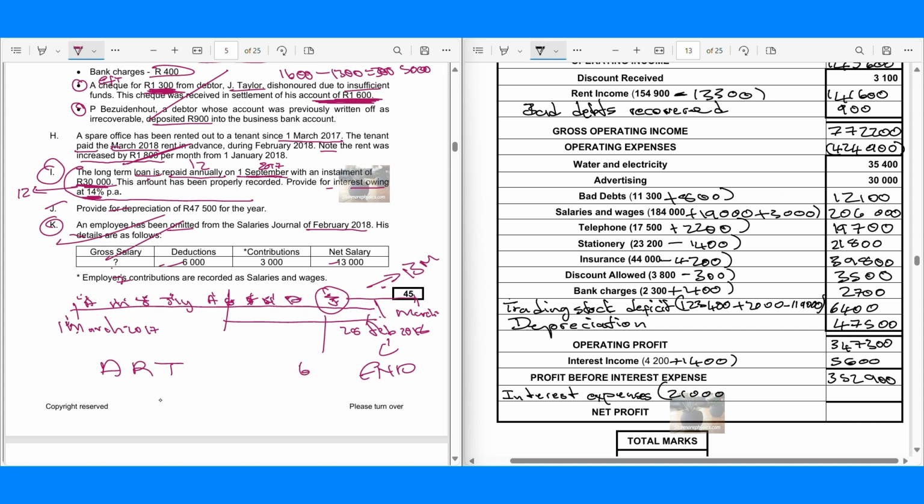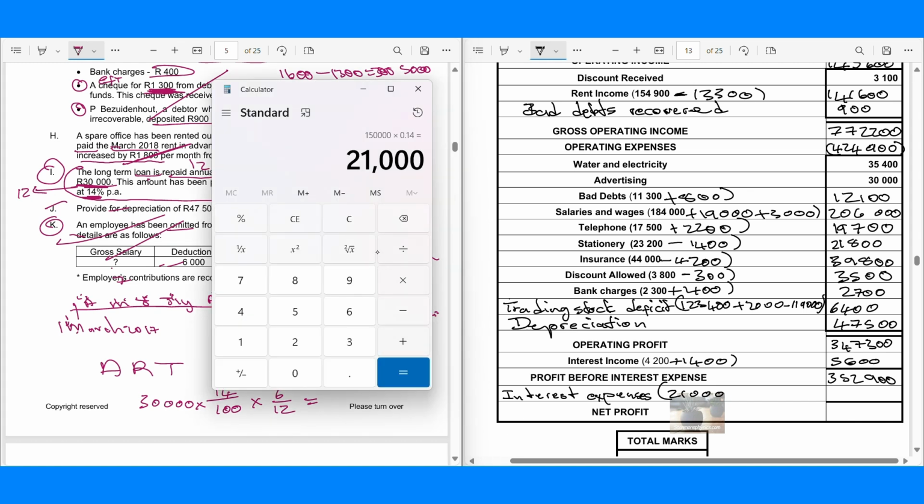So we are going to use this. So this is 30,000 times 14% over 100 times 6 over 12. Let's see what we are going to get. 30,000 times 14 over 100 times 6 divided by 12.